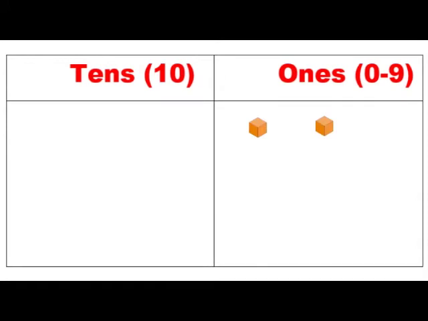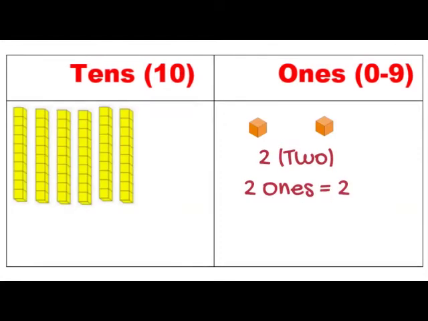So in this chart, we can see that in the ones column or ones house, we have 2 cubes. So that makes it 2, or 2 ones is equal to 2. And in the tens column, we have 6 blocks. So that makes it, right, 60. Or 6 tens is equal to 60.